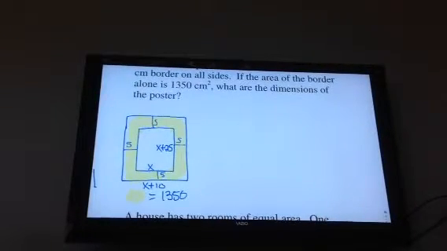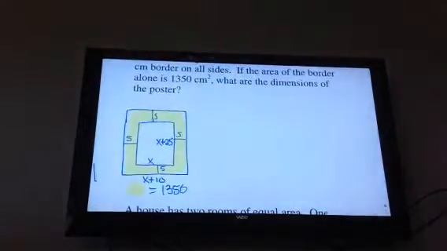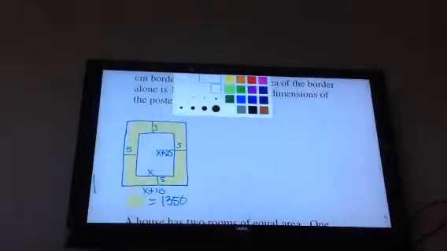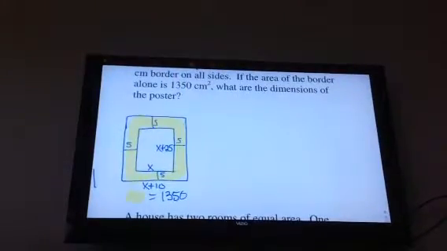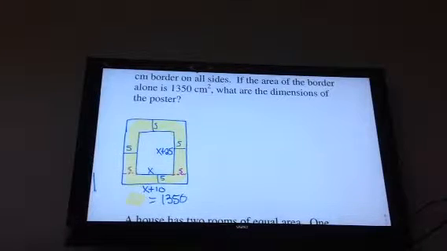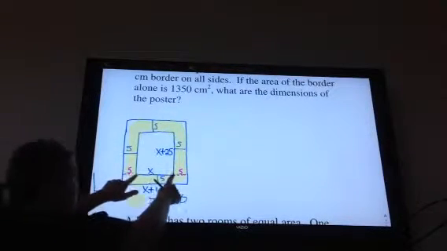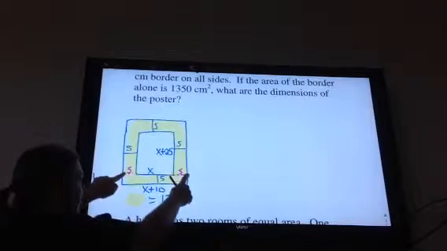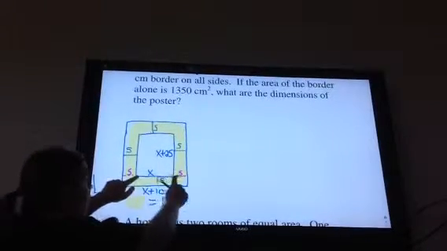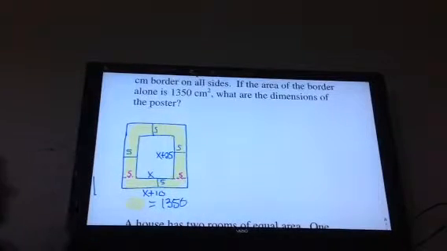So again, I'm going to say it again so you see it. We have this X there. Let's do pink. And that's 5. And that's 5. So if I take my X and 5 and 5, I get X plus 10. So I have to make sure I get that 5 on each side of that.